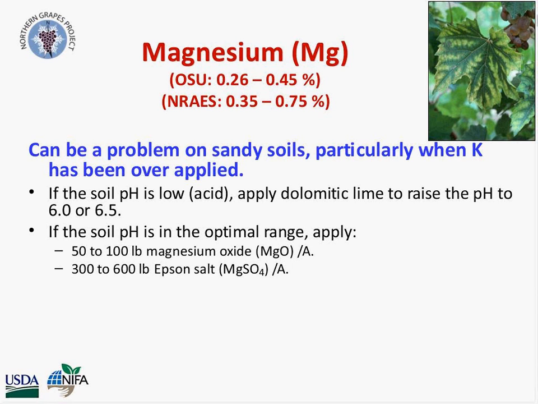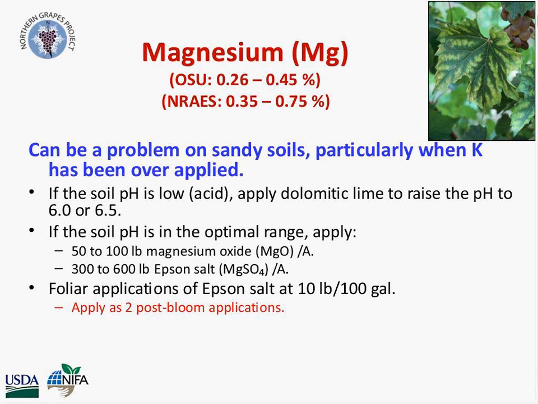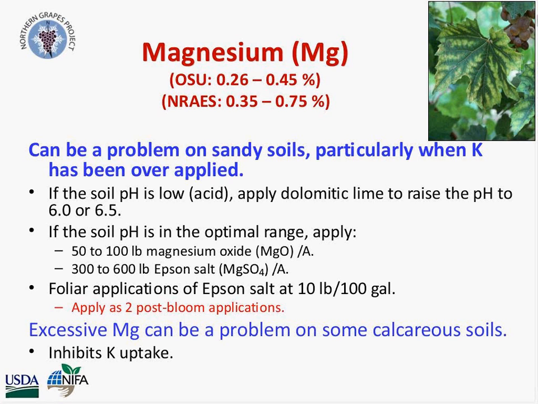Boron, again, this is one that can be low on many Midwest soils, and I should include East soils as well, and on high pH soils. And here, what's critical about boron is that it's involved in fruit set, and so what it does is improve the rate of pollen tube growth, thereby improving fertilization of the flowers.